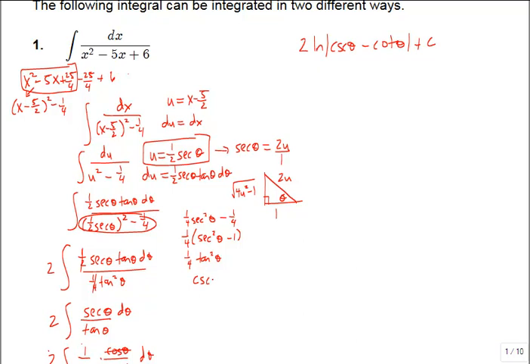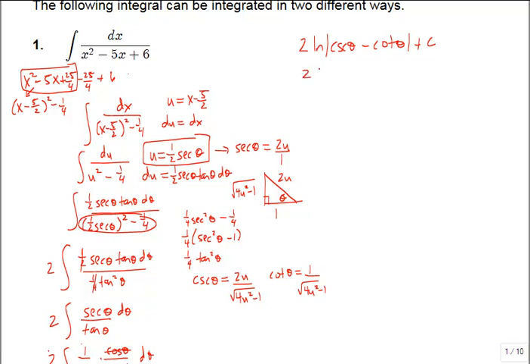So cosecant theta is defined to be hypotenuse over opposite side. So 2u over square root of 4u squared minus 1. And cotangent theta is defined to be adjacent over opposite. So 1 over square root of 4u squared minus 1.